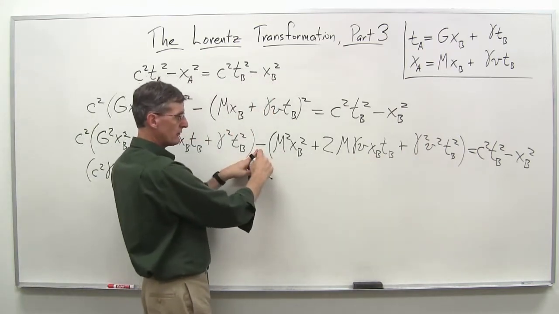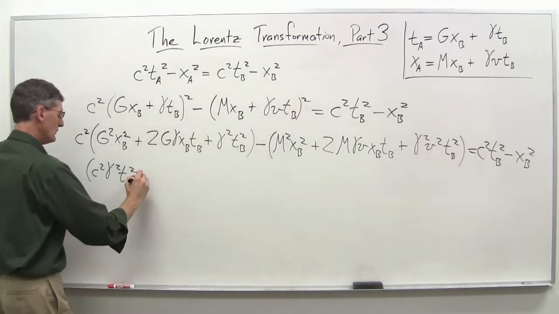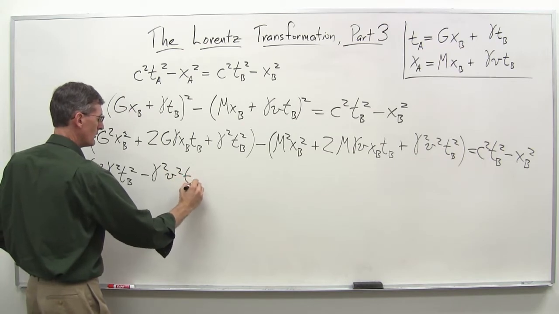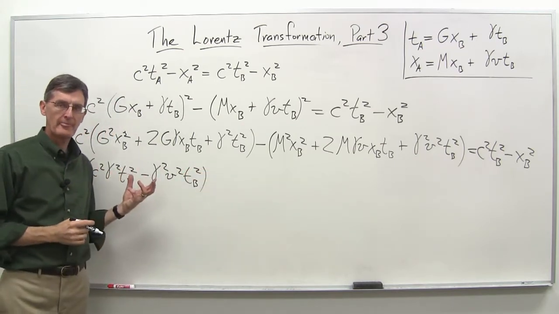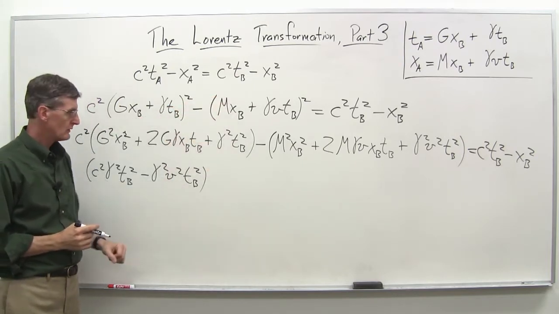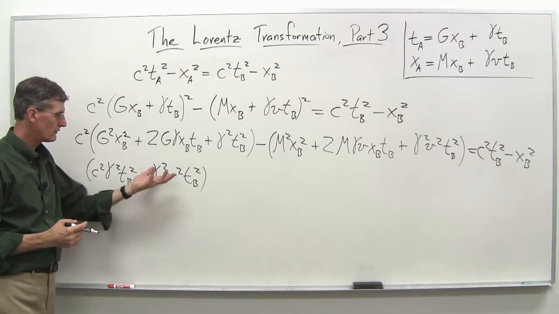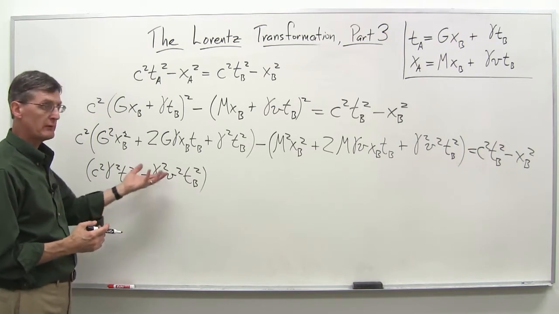I've got minus gamma squared v squared tb squared. And by the way, this is the point where, for those of you who want to practice some algebra here, good place to stop and work through this and see where we end up. So tb squared terms.